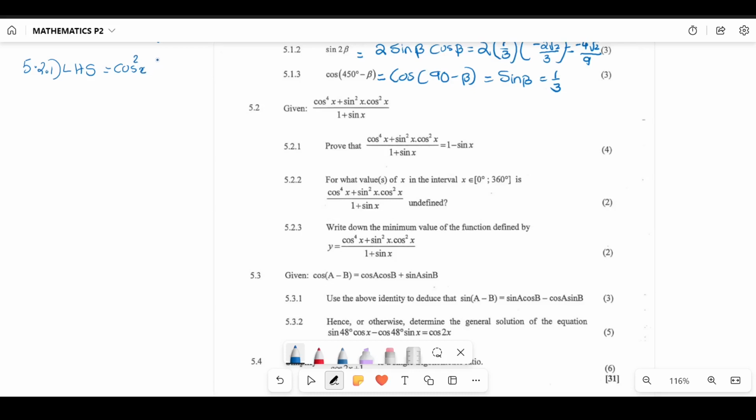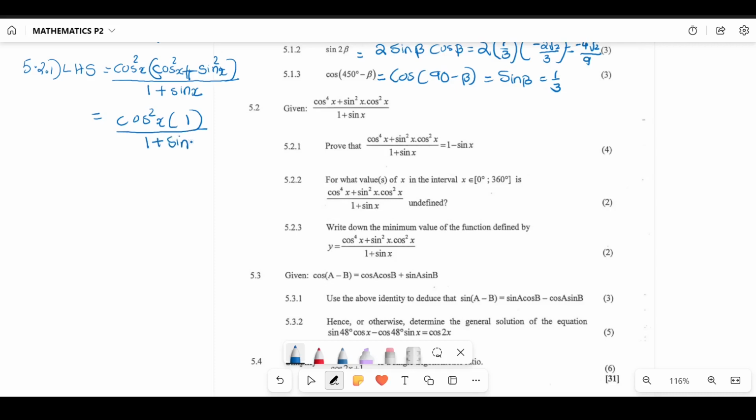The common factor is cos square x, times another cos square x remaining, out of the cos to the power 4x, plus sin square x, the whole divided by 1 plus sin x, which is equal to cos square x times 1 divided by 1 plus sin x.